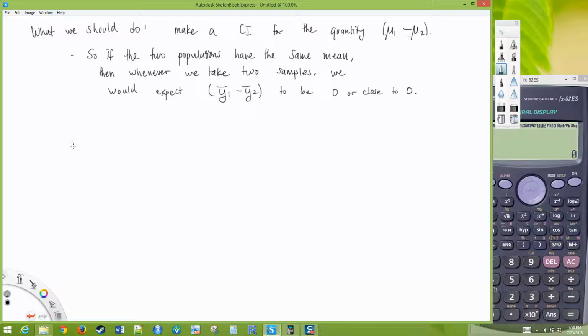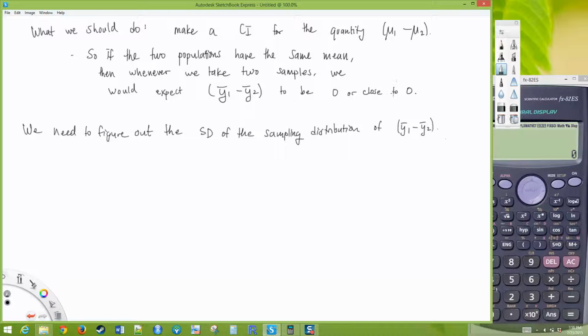Well, we need to figure out the standard deviation of the sampling distribution of y bar 1 minus y bar 2.